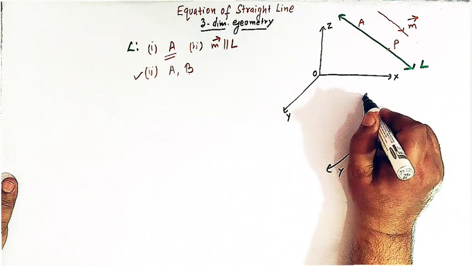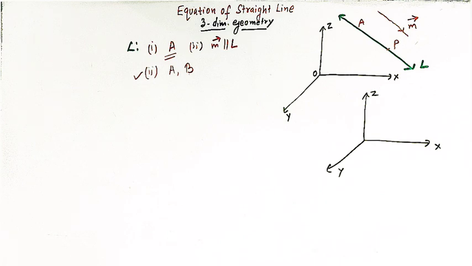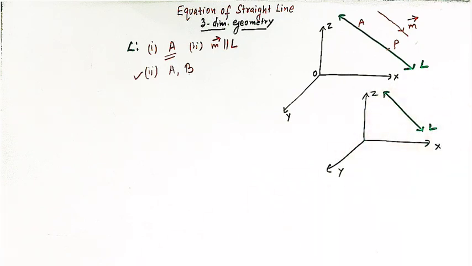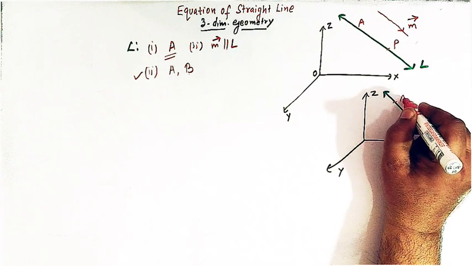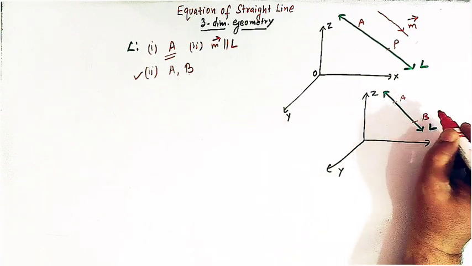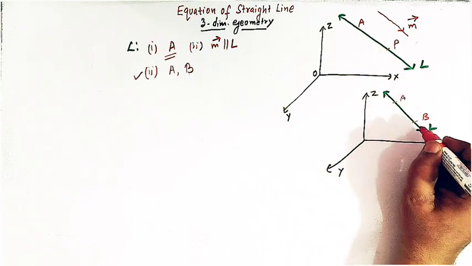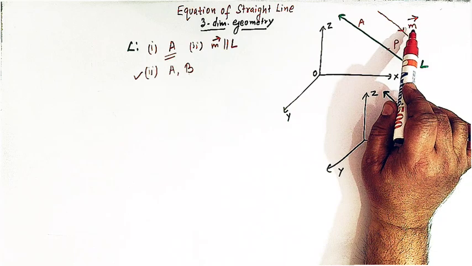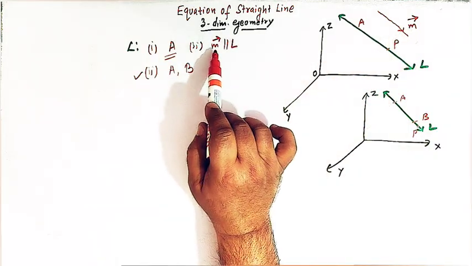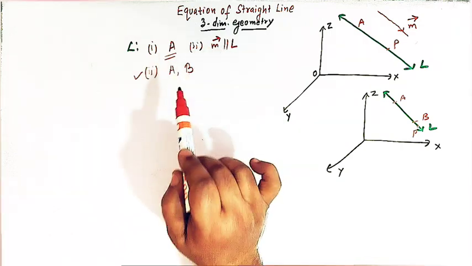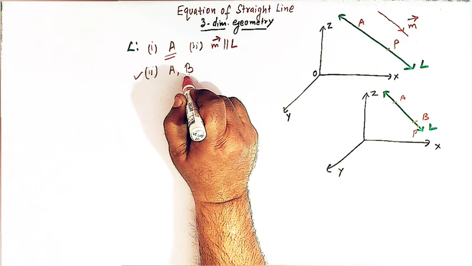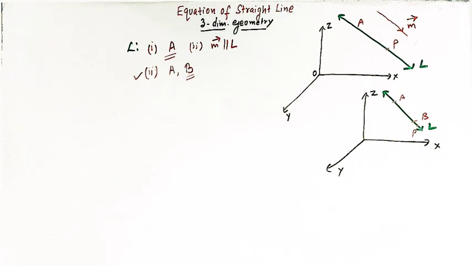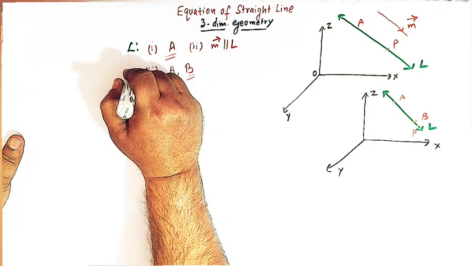Here we have the axes, and then we have the line L. In that case we should know the coordinates or the position vectors of the 2 points lying on the line L, along with the arbitrary point, say P. We do not require the vector M, because the condition of requiring a vector M parallel to L is compensated by knowing the position vector of the second point, that is the point B. In this session, we are not going to consider this second case.